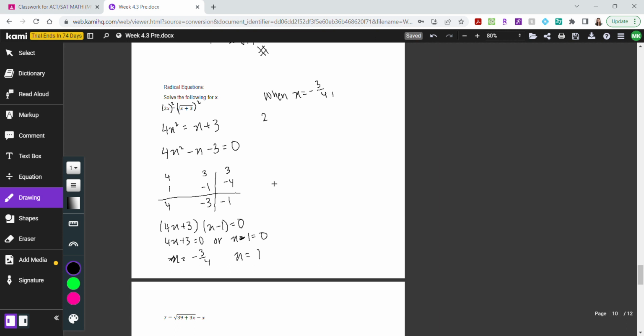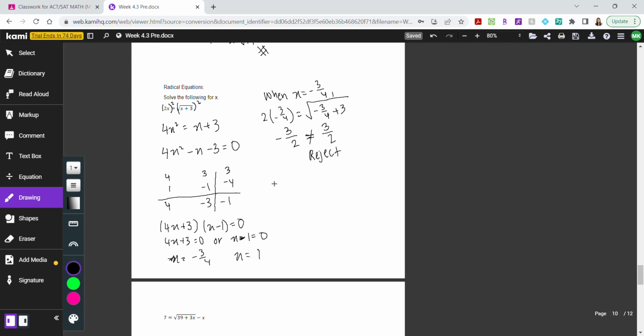So we have 2 times negative 3 over 4 equals the square root of negative 3 over 4 plus 3. Once we solve everything here, we are going to get negative 3 over 2. Once we solve everything here, we're going to get 3 over 2. But look, negative 3 over 2 is not 3 over 2. That doesn't make sense, right? So they don't equal each other, which means we're going to reject this solution.